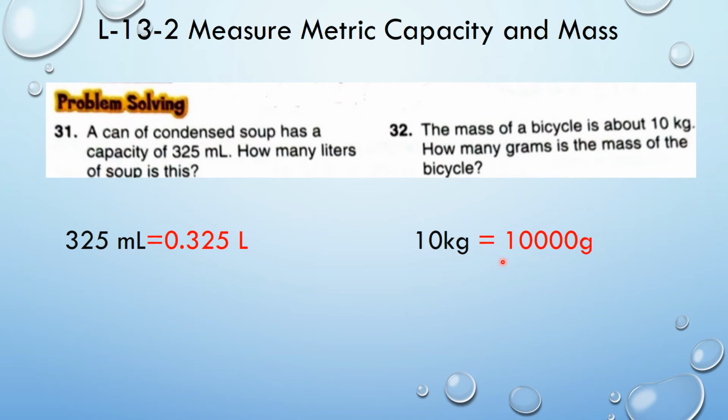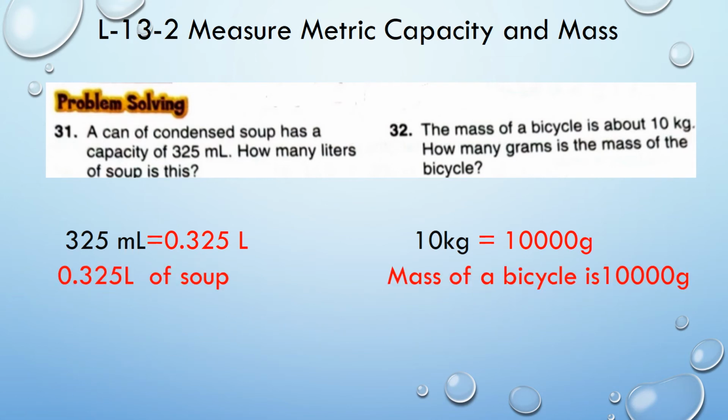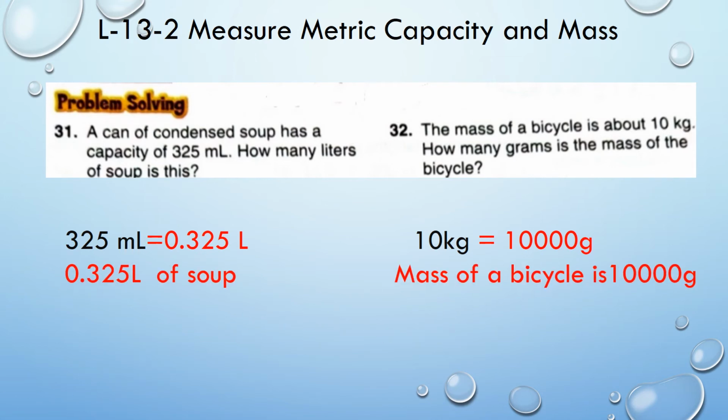Then add how many zeros? 3 step down, then 3 steps right. 3 more zeros. That means how many grams are there? 10,000 gram. Mass of a bicycle is 10,000 gram. Yes. You can see in this one, 0.325 liter of soup, and the mass of a bicycle is 10,000 gram.